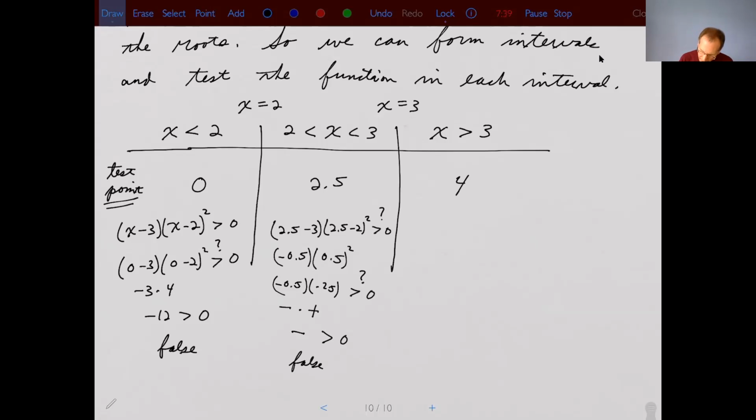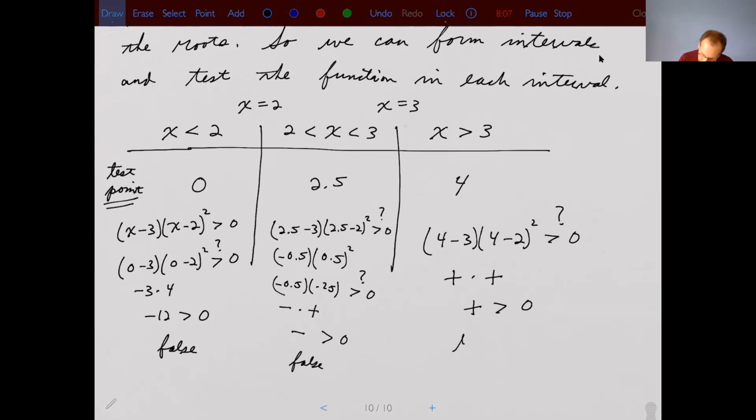Okay, and then finally, if I plug in a 4, I have 4 minus 3 times 4 minus 2 squared. Is that greater than 0? So put a question mark here. This value is a 1, right? But we know in general it's going to be a positive value. This is going to be a positive value squared, which is also positive. So we're going to have a positive value greater than 0.